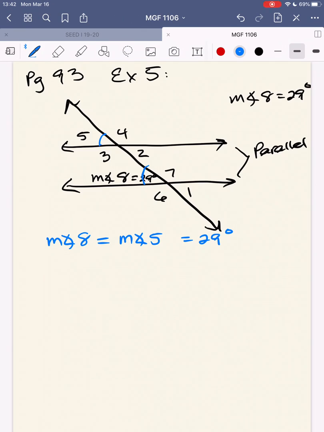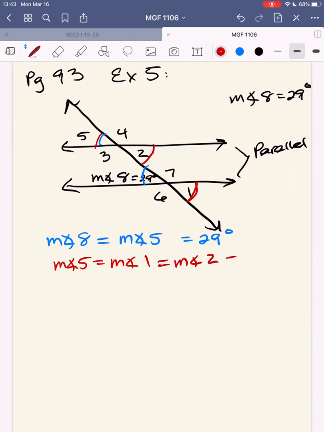All right. I also know that the measure of an outside angle here is equal to this one here. Which also means the measure of angle 5 is equal to the measure of angle 1, which also means it's equal to the measure of angle 2.